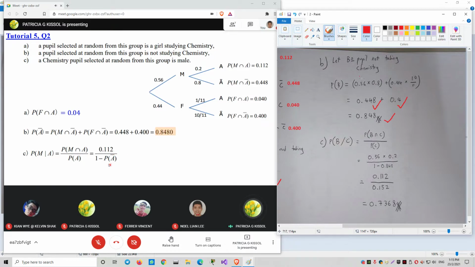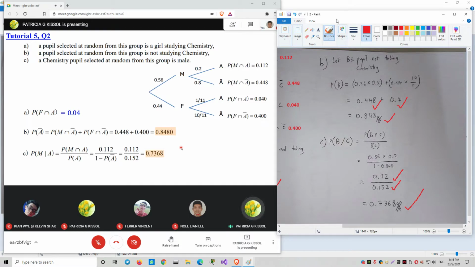Basically it is 0.112 divided by 0.152. If you add 0.112 plus 0.040, it gives the same 0.152 as well. So you just need to divide this and your answer will become 0.7368. Is that okay? Any question?